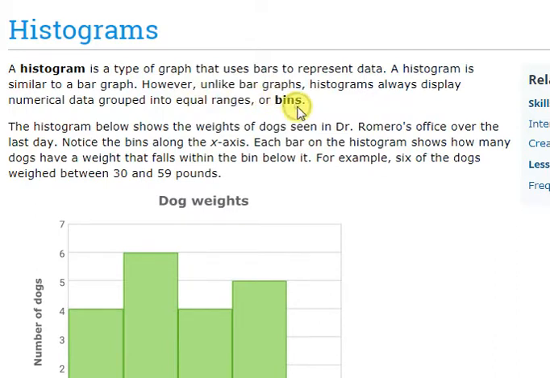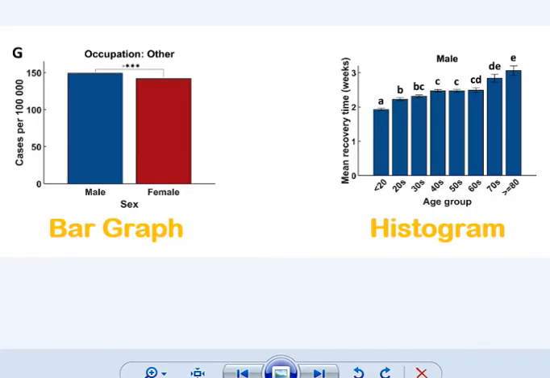So what does it mean? I would like to differentiate bar graphs, which you know, from the histogram that you are learning in this video. Here you have one example of a bar graph and an example of a histogram. So what do you think is the difference?